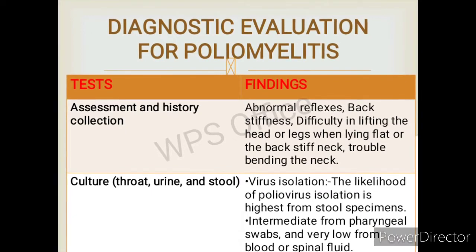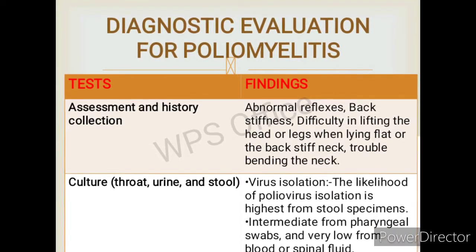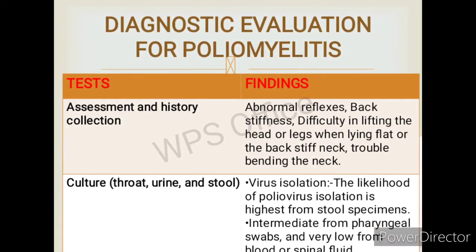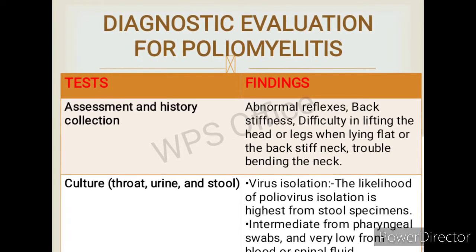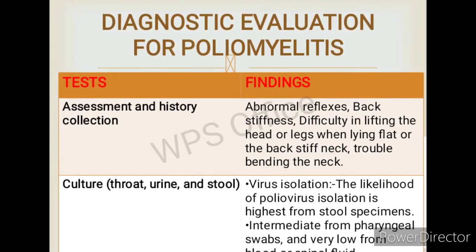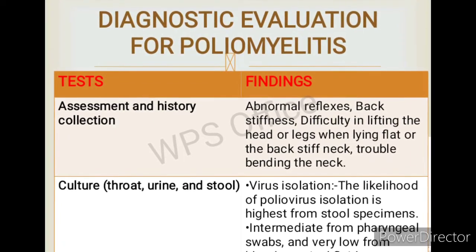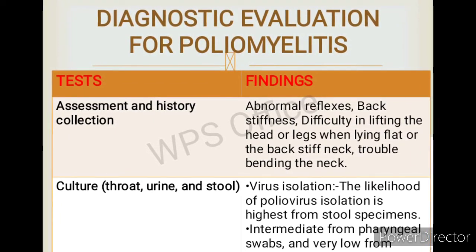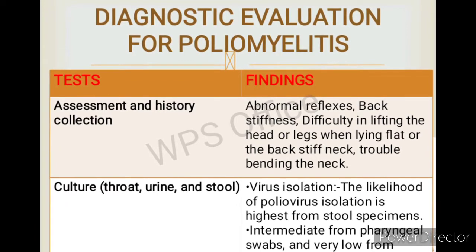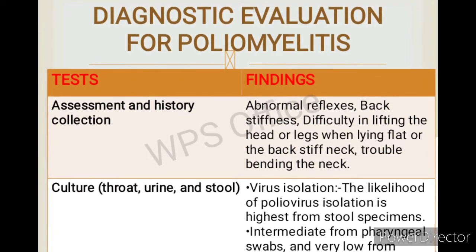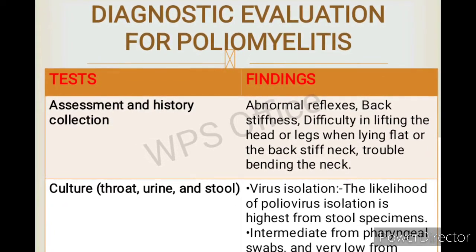Then diagnostic evaluation includes assessment and history collection. Culture can be done from throat, urine, and stool, but the virus will be mostly present in the stool rather than urine or throat, or even blood or spinal cord.